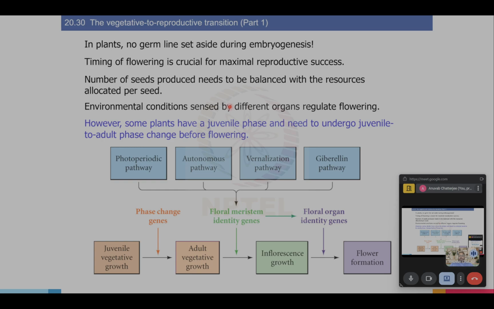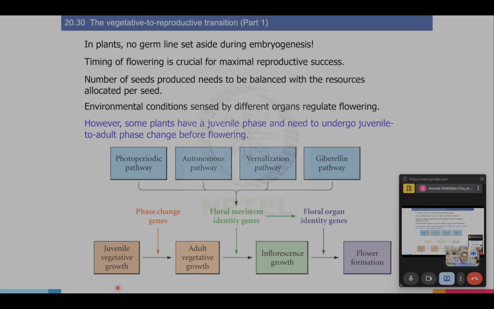And this is very well regulated, and the plant is able to sense information from the environment around it and determine how many seeds and fruits it should form. There is an entire growth period that some species of plants go through.